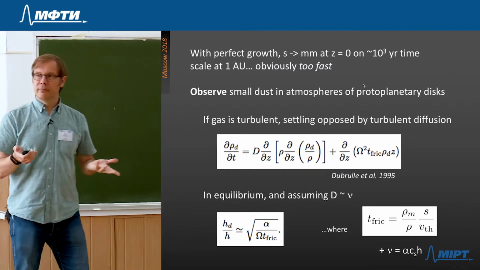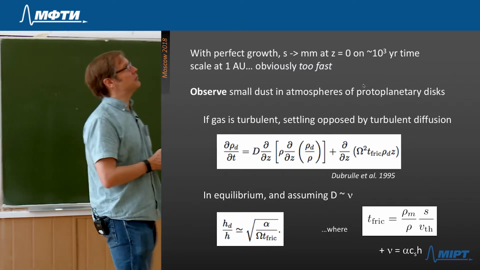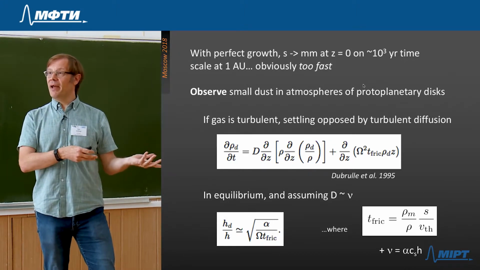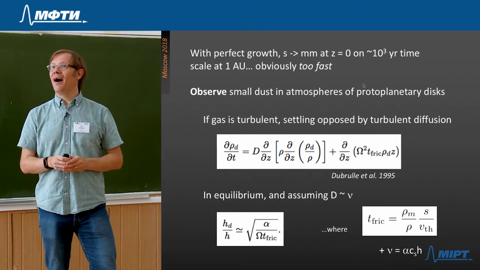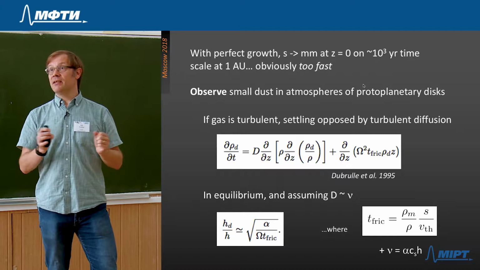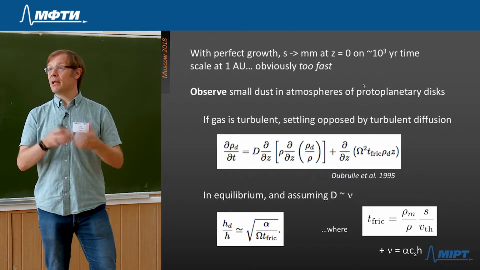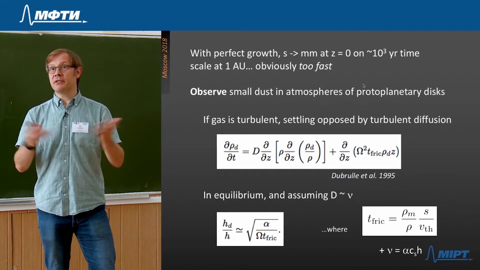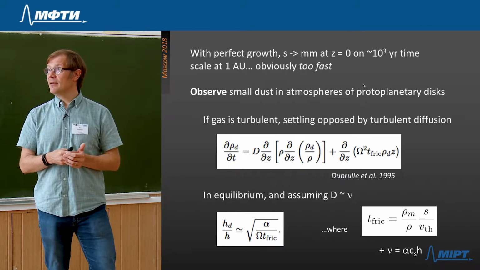Okay, so that's sort of good in some sense, but it's also not consistent with what we see, okay? Monday, we showed some ALMA pictures of protoplanetary disks, and I said what you're looking at there is thermal emission from, let's say, millimeter or roughly millimeter size dust grains. And some of those disks have been sitting there for millions of years.